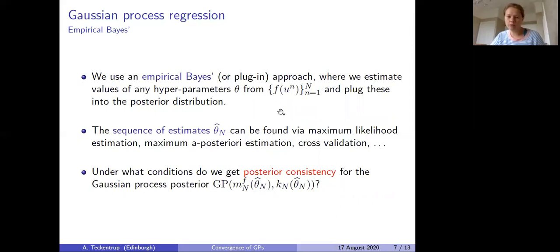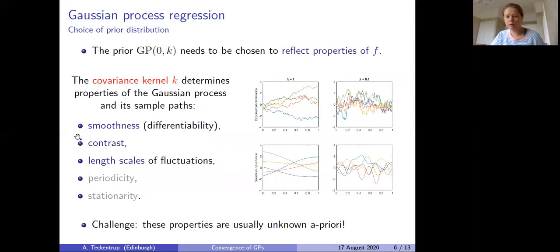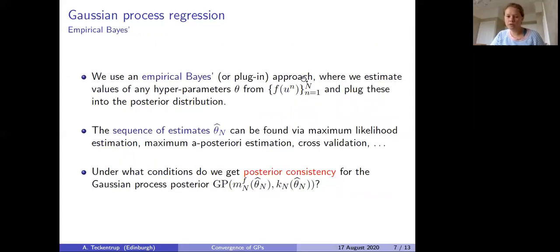You use your point evaluations to estimate any hyperparameters theta that you need. As I said, these are typically parameters that tell you the smoothness, the contrast, the length scales and things like that. So you use your function values to obtain estimates of any parameters that you need, and then you just plug this into the usual posterior distribution, right?